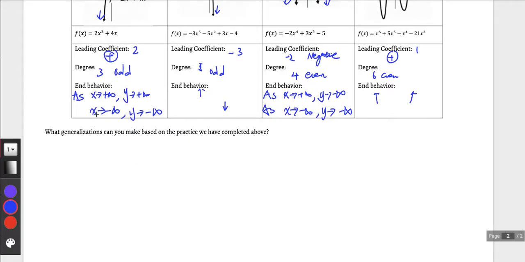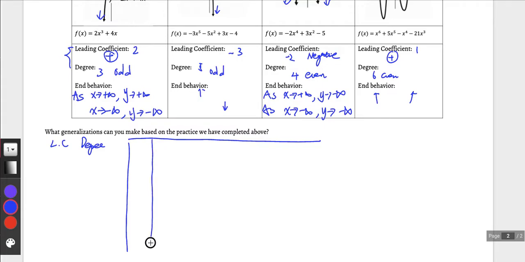So we need to consider two key factors: the leading coefficient, which I'll write as LC, and the degree. So we are going to make a table. In one part of the table, we are going to focus on the degree, and in the other, on the leading coefficient.